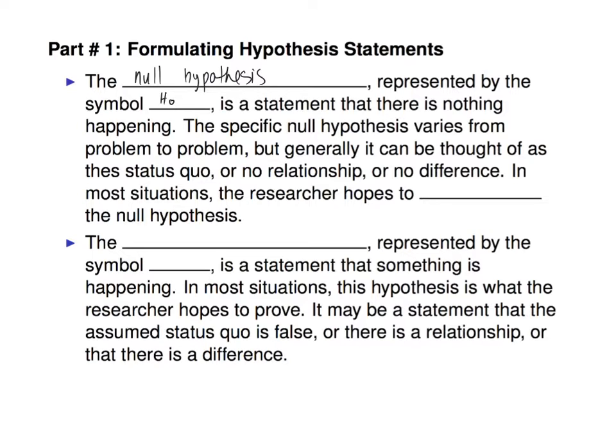The null hypothesis is a statement that there is nothing happening. So the specific null hypothesis varies from problem to problem, but it can generally be thought of as the status quo, or no relationship, or no difference. In most situations, the researcher hopes to disprove or reject.